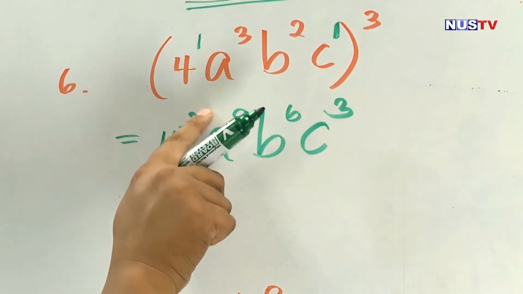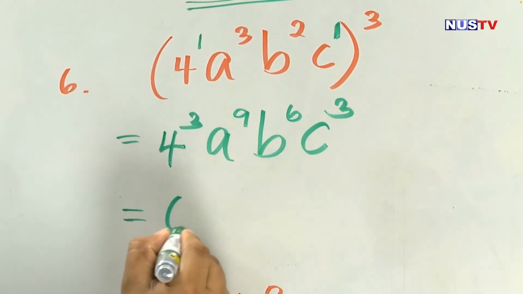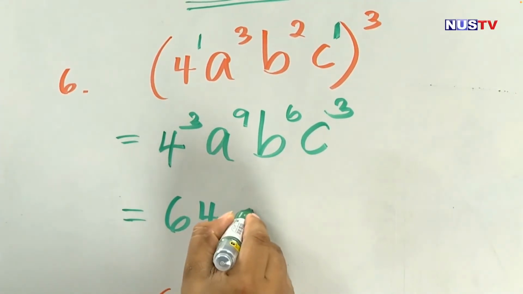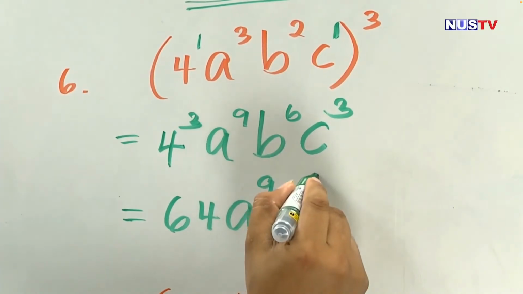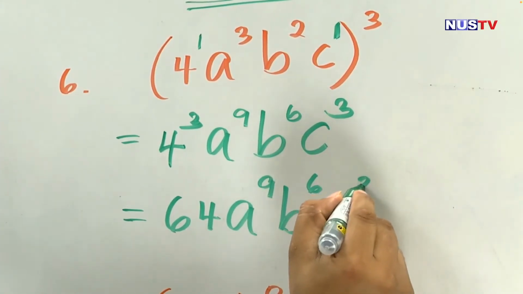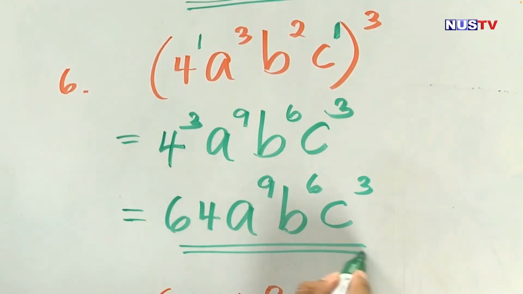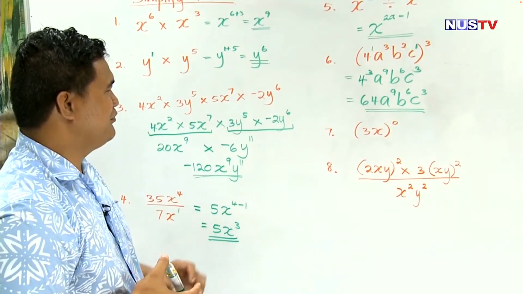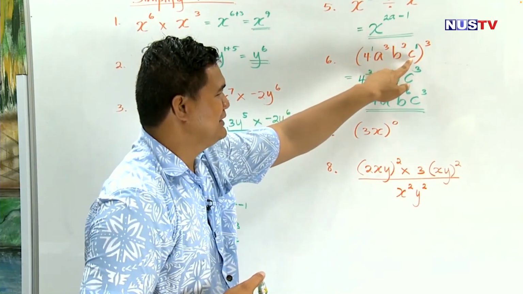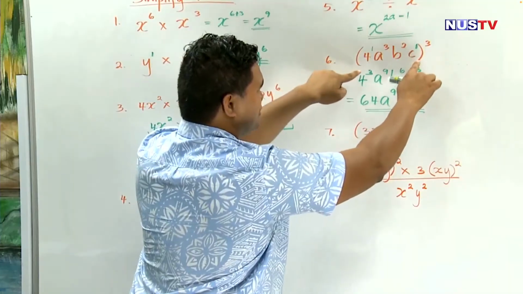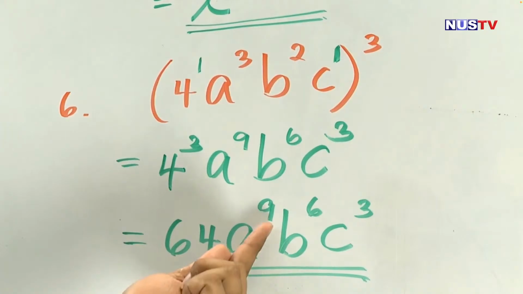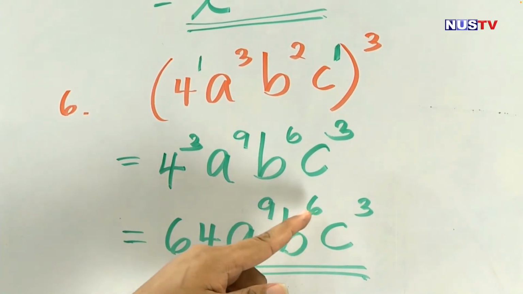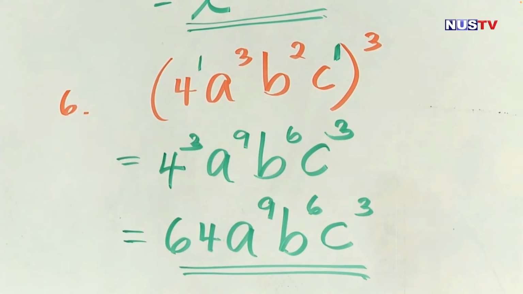So 4 to the power of 3 is equal to 64. Now our a to the power of 9 remains the same, so as b to the power of 6 and c to the power of 3. That is our final answer for our number 6. So the answer for 4a cubed b squared c to the power of 3 is equal to 64a to the power of 9, b to the power of 6, and c to the power of 3.